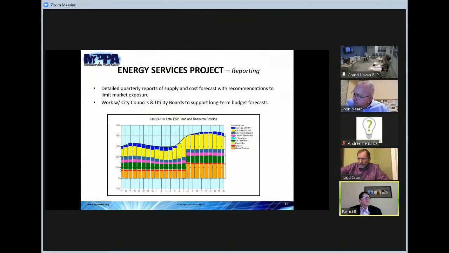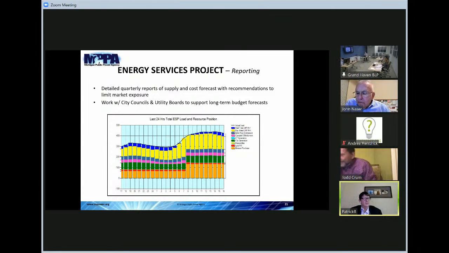So in addition to obviously power procurement, we also do significant amounts of reporting, and our agency is actually under a new system that we've designed, a new reporting system. Just like you're seeing in a lot of industries, we're trying to simplify what our members see, provide more visualizations and less words.